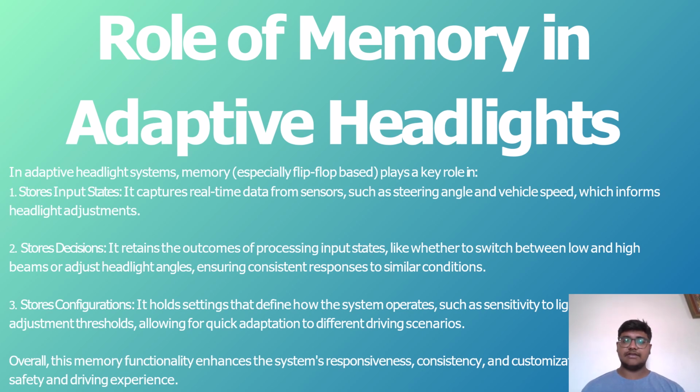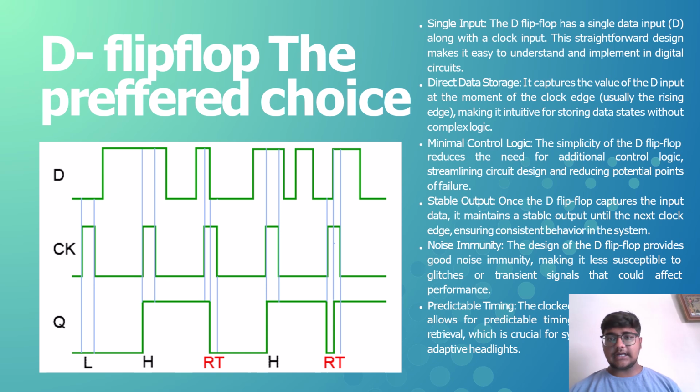D flip-flops are the preferred choice for our project because D flip-flops have a single data input along with a clock input, which is a pretty straightforward design that makes it easier for us to understand and implement this logic in digital circuits.